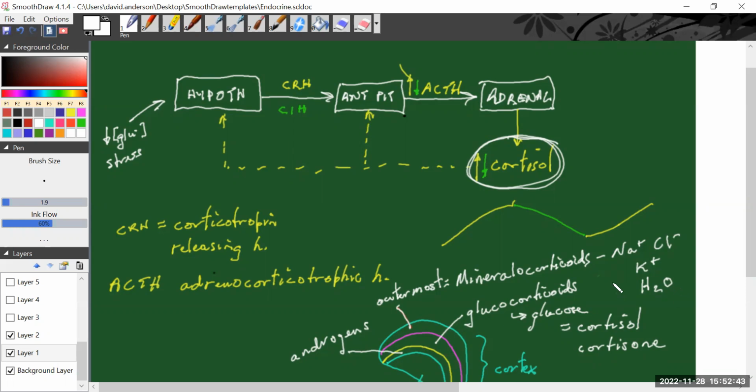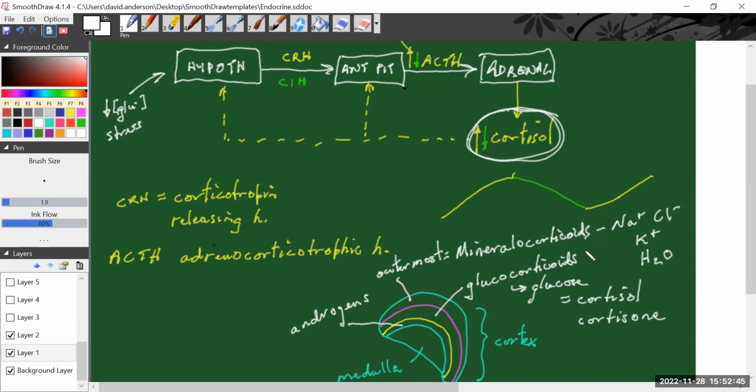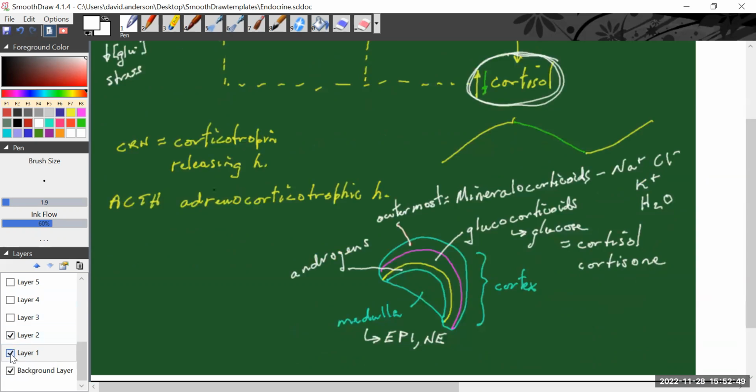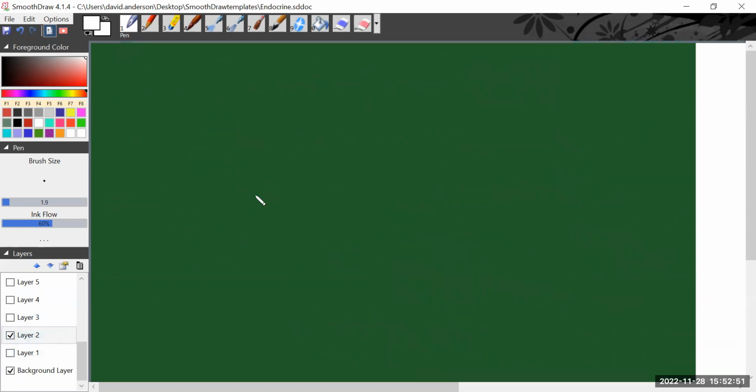And that just helps us with our mechanism of action on the target cell, right? So when we look at cortisol, one of the things we know about cortisol right off the bat is we know it's going to raise blood glucose levels.